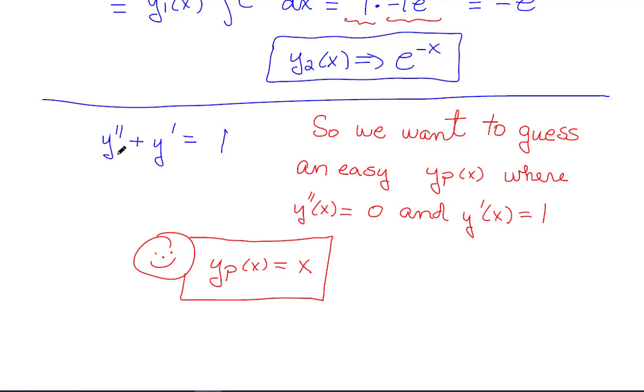We basically need y double prime to be 0, and I need y prime to be 1. So a real easy, simple guess is let our particular solution y particular of x be just x. Because the second derivative is 0, the first derivative is 1, and 1 equals 1.